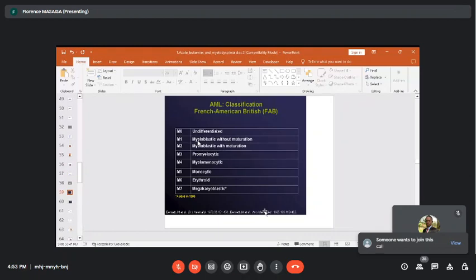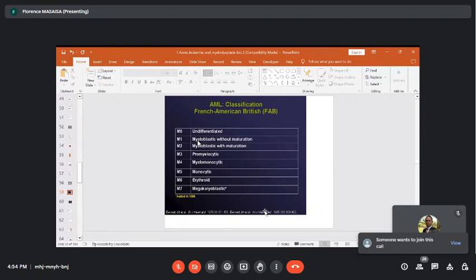What we need to understand here is how we differentiate lymphoblasts and myeloblasts. Sometimes it's not easy to differentiate them at the earlier stage of this M0. It's not easy because myeloblasts have granules in the cytoplasm, while lymphoblasts do not have granules.